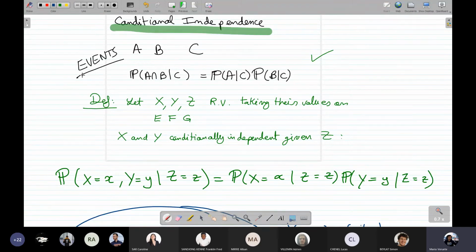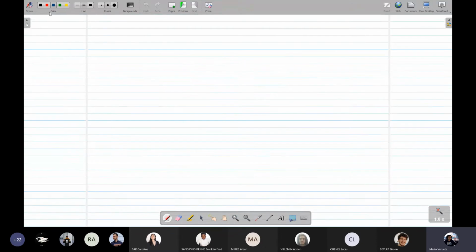Okay, perfect. So that was the slide for conditional independence. Now we have an important formula for expectations. So this is a theorem.